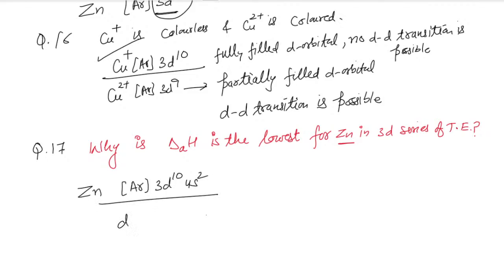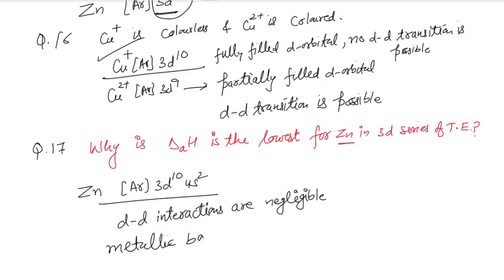As a result, d-d interactions are negligible, or we can say metallic bonding is weak.